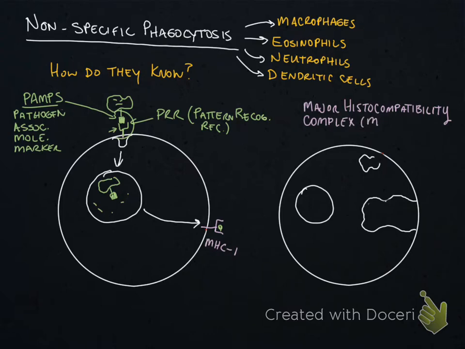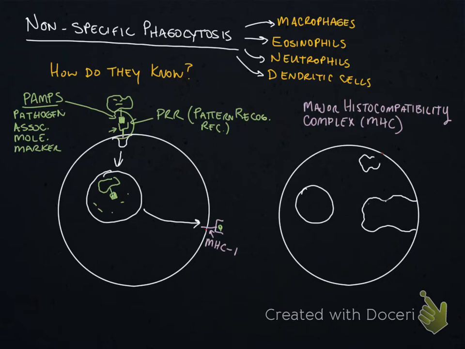Okay, MHC. We'll talk about two different classes of these. This one is an MHC1, and I'll draw that with one post right here. We'll talk about an MHC2 in a minute, and I'll draw that with two posts, so we know the difference. So what happened here? Our pathogen was recognized by our pattern recognition receptor.